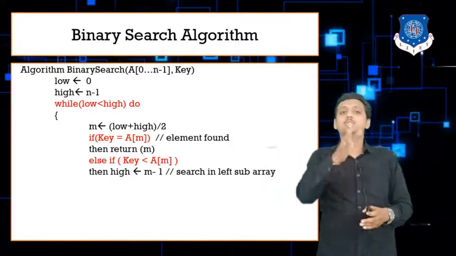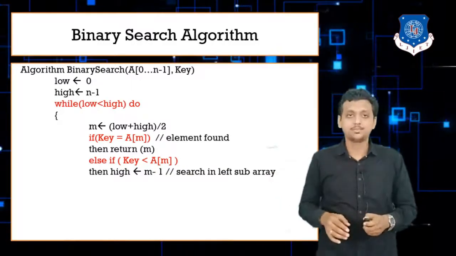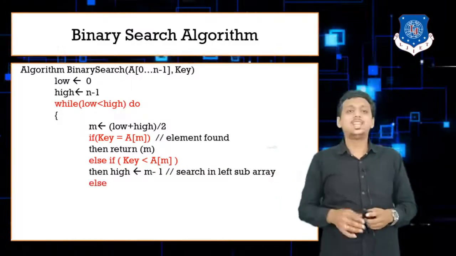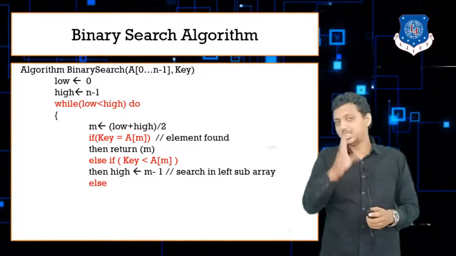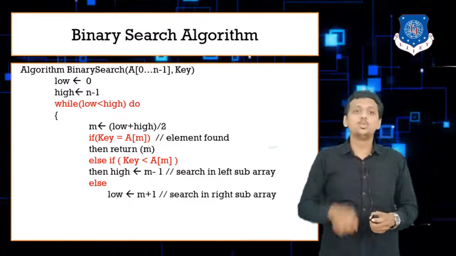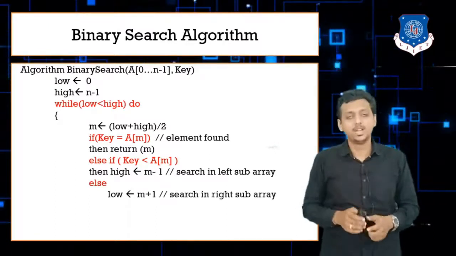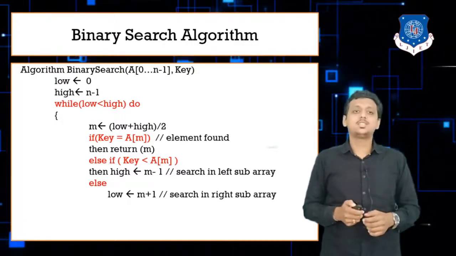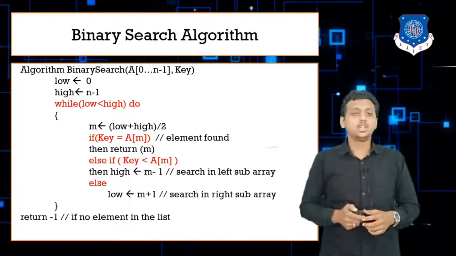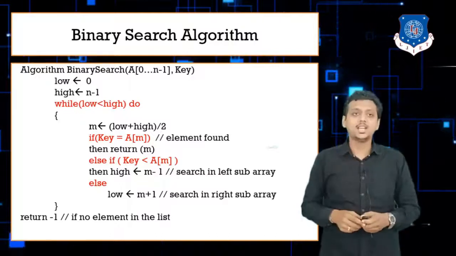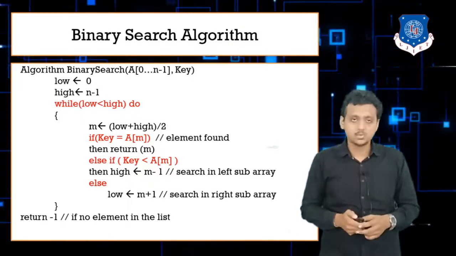That's why you need to move high to m minus 1. Else, if your key is greater than a of m, then you need to move low to m plus 1. Fine. So this is the algorithm. If the element is not there, then at last it returns minus 1.